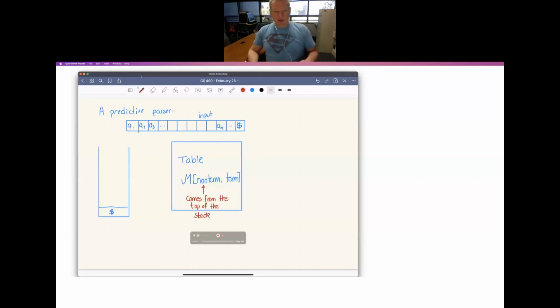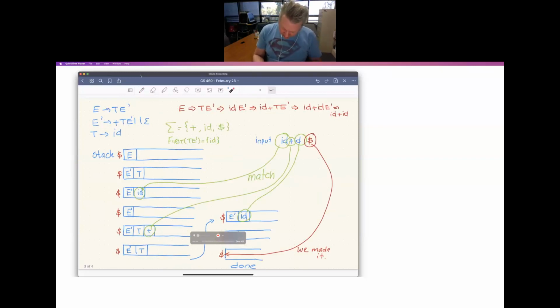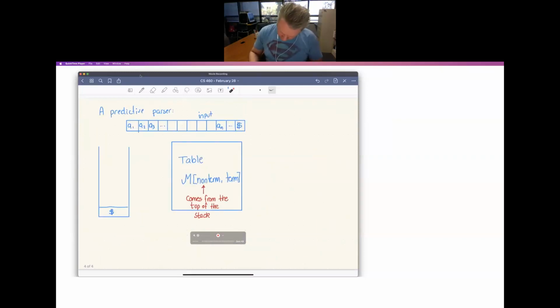So basically we are saying, well, if on top of the stack I have this particular non-terminal, so in the case that we had here, if I had that particular non-terminal and I have that particular look ahead, which of the possible right-hand sides should I pick, if any of them? And this guy is the look ahead.